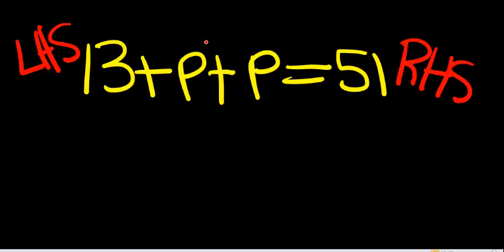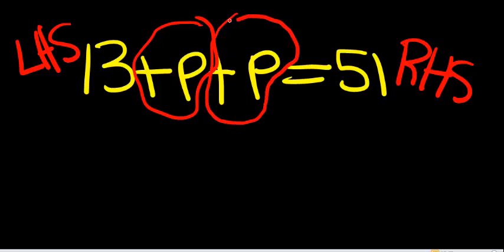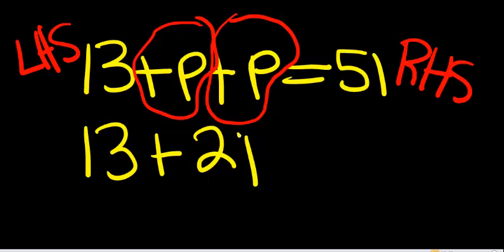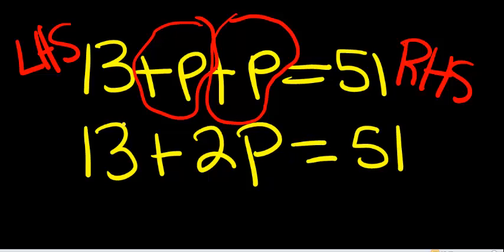On the left-hand side I have a positive p term with a coefficient of 1, and another positive p term with a coefficient of 1. So let's combine those like terms. We have 13 plus 2p is equal to 51.